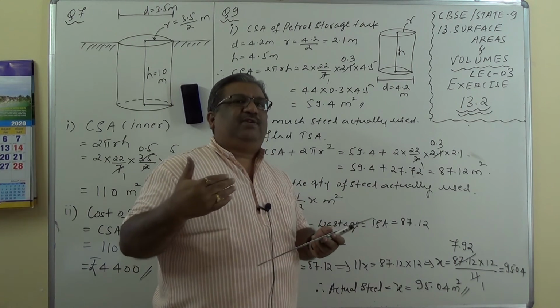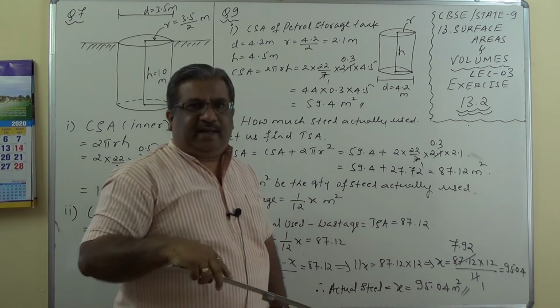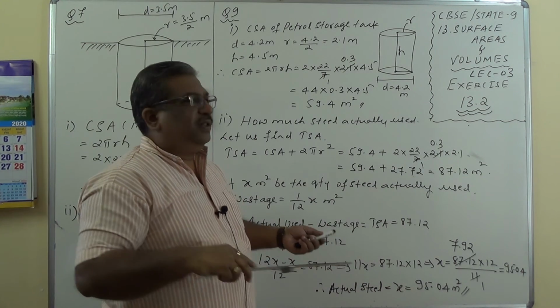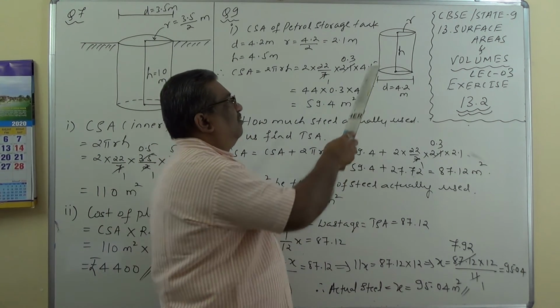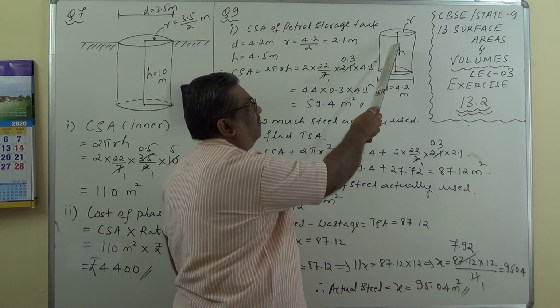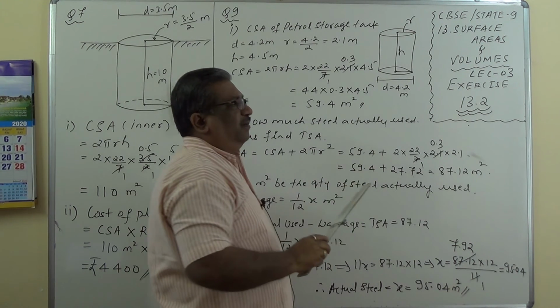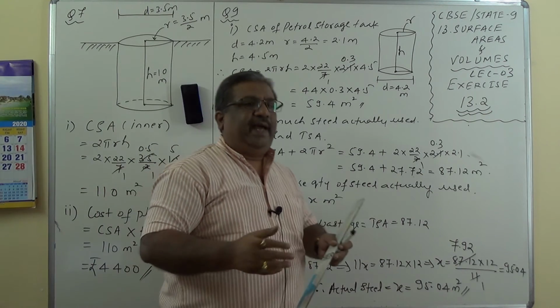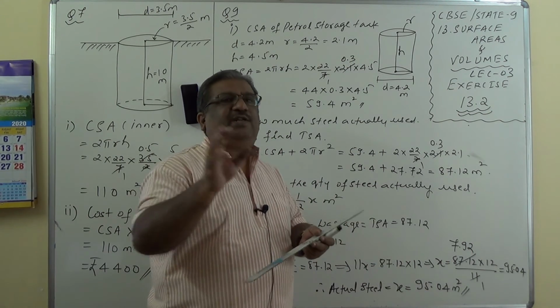So how much steel is actually used, I have to calculate first: what is the area required, what is the steel required. The actual steel usage and the steel used for fabrication of this tank is different. Why is it so? Actual steel could be much more, because wastage can go from that.